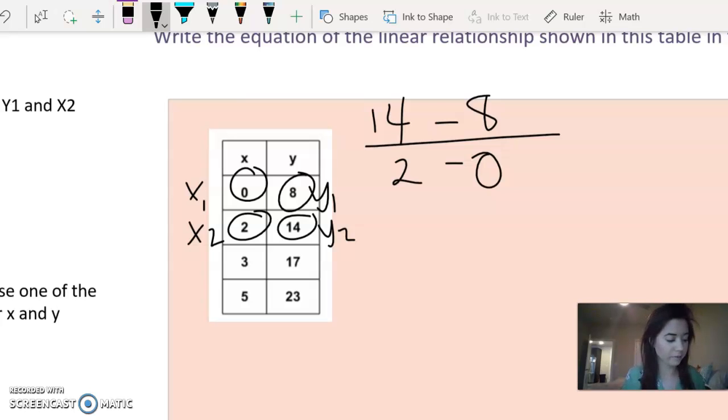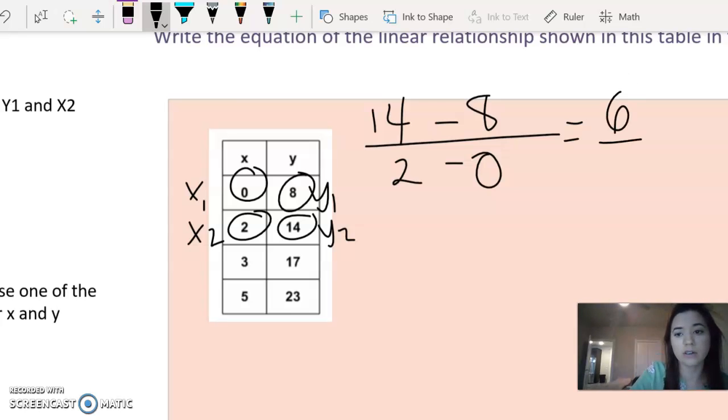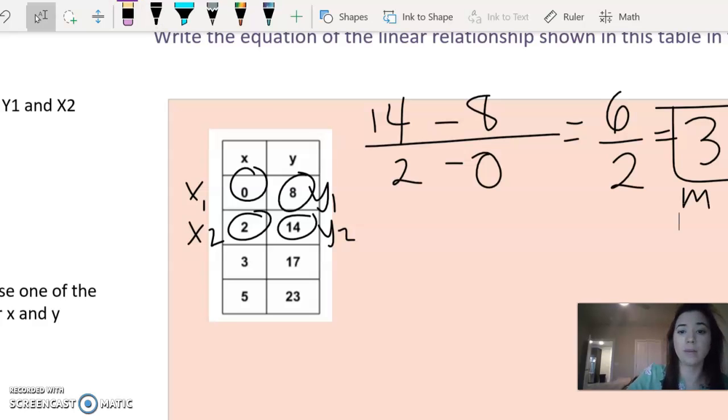Okay. Here we get 6 over 2, and we get 3. So there's my slope, my m value.